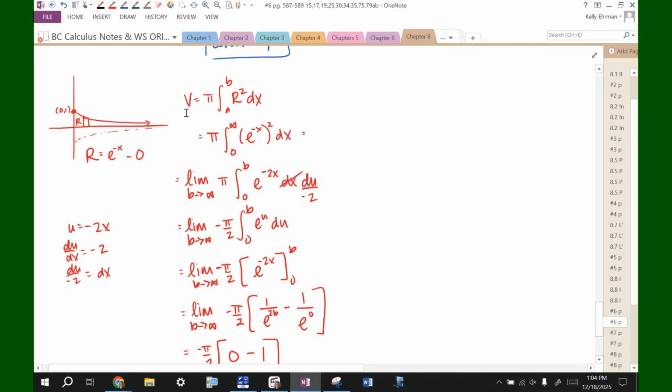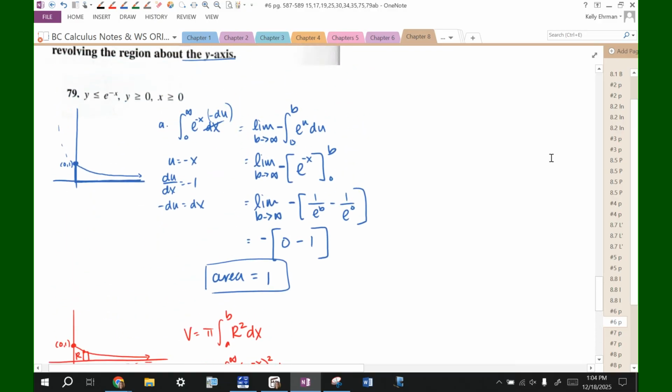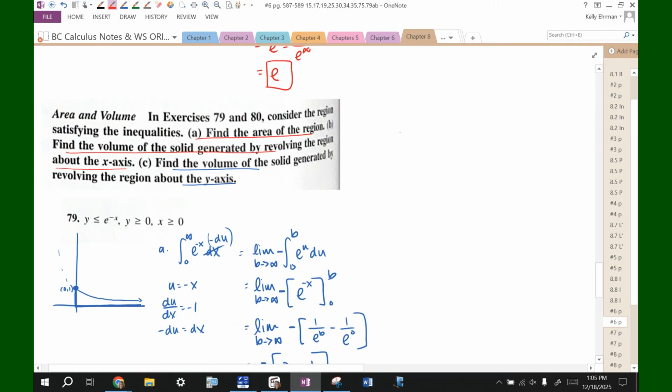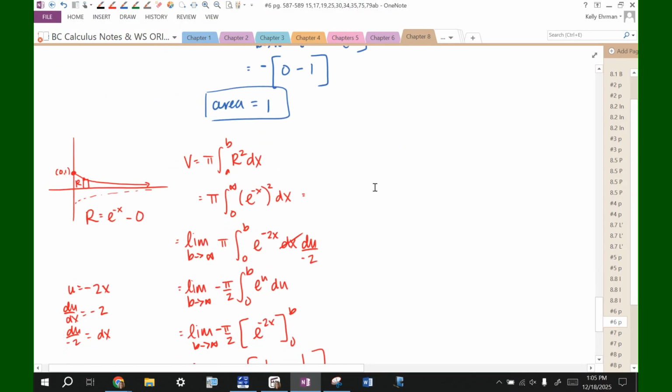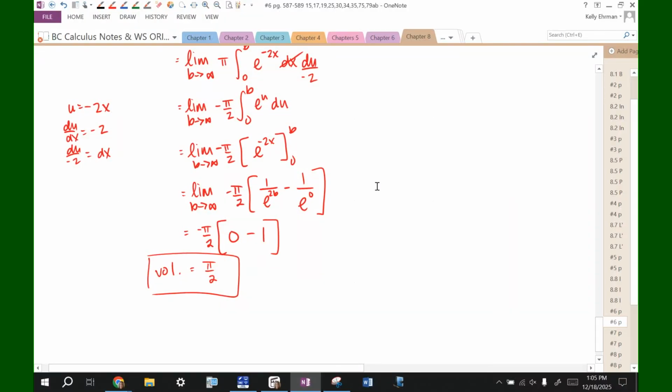Oh, yeah, because if you are going to do part C, you need to change this to, let's see, ln y equals negative x. And so negative ln y equals x. And then you'd be trying to integrate that. So interesting. All right, I'm not doing that though for the length of this video. So if you try part C, go for it and then see what Desmos tells you.